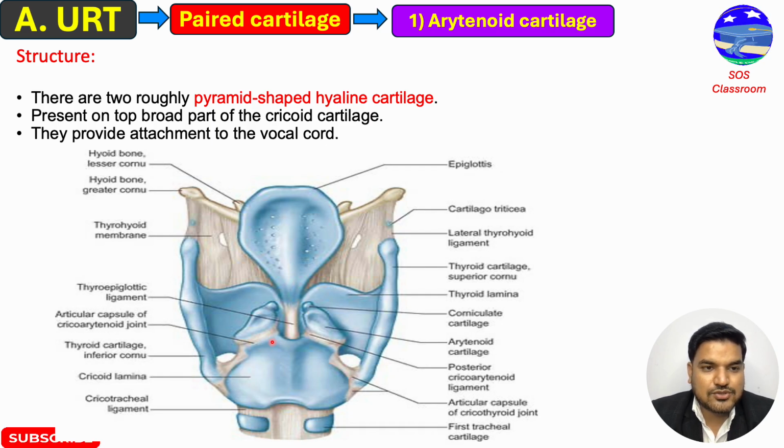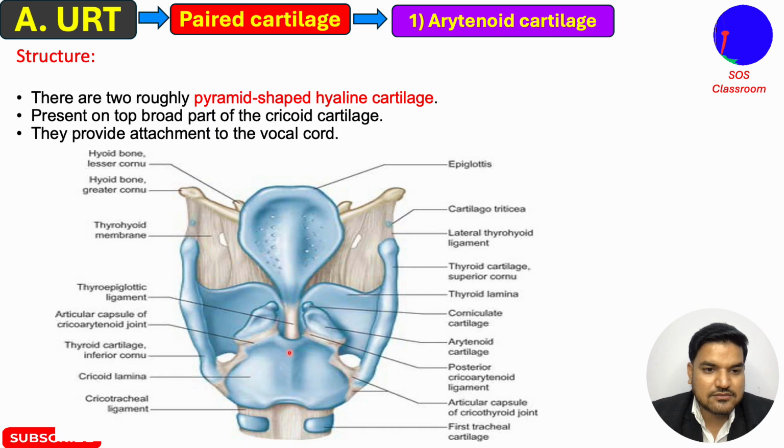They are two roughly pyramid-shaped hyaline cartilages. So what is the structure of the arytenoid cartilages? They are pyramid-shaped hyaline cartilages present on the top of the broad part of the cricoid cartilage, because the broad part of the cricoid is posterior and the narrow part is anterior.